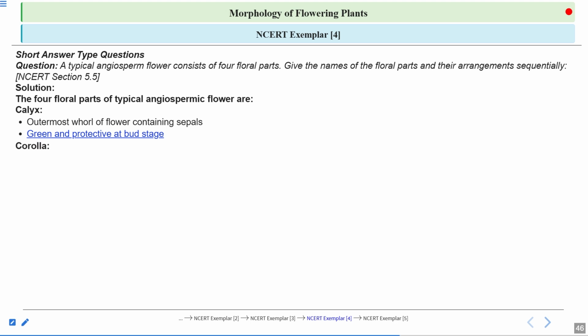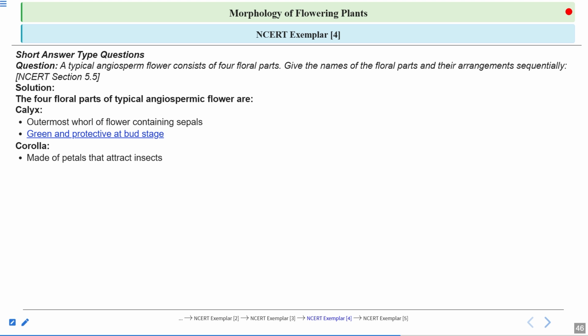Next floral whorl is the corolla, made up of petals that attract insects. Now, what is the function of these petals? The petals are the unit and all the petals unitedly are called corolla. They are variously colored. Some are red petals, some are white, pink, purple, blue.